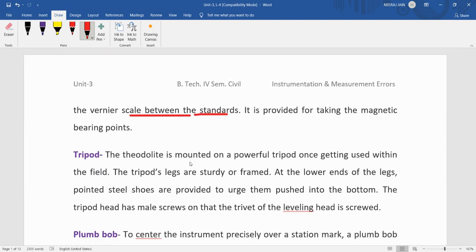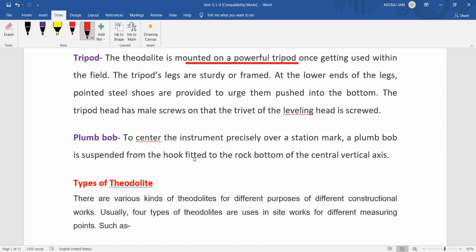Tripod: the theodolite is mounted on a powerful tripod for mounting the theodolite. And the plumb bob is used to center the instrument precisely over a station mark. The plumb bob is suspended from a hook fitted to the bottom of the central vertical axis.